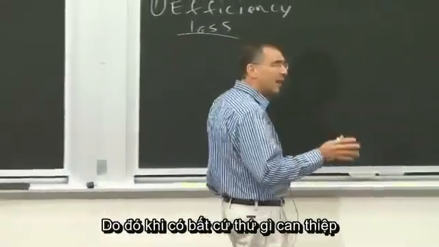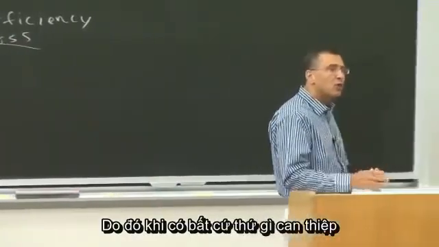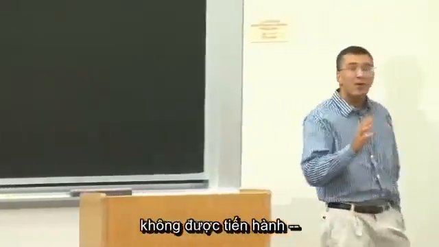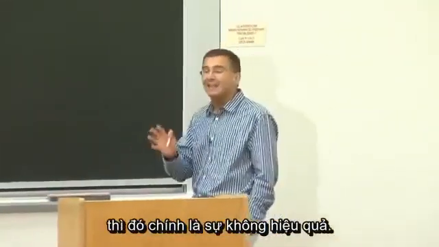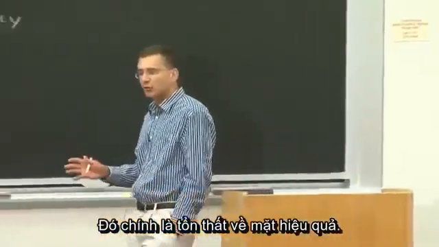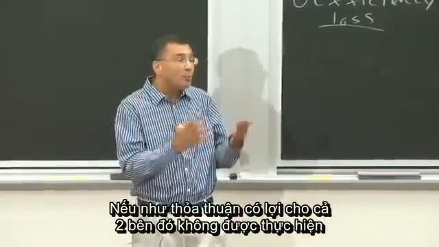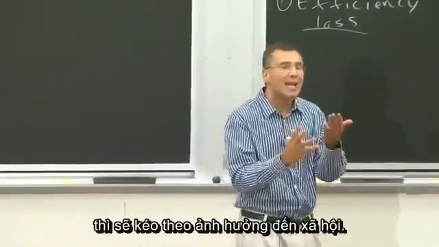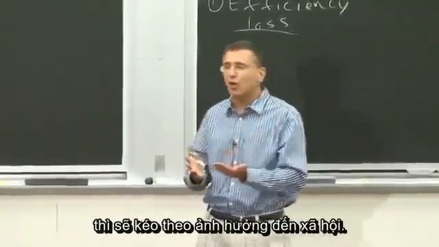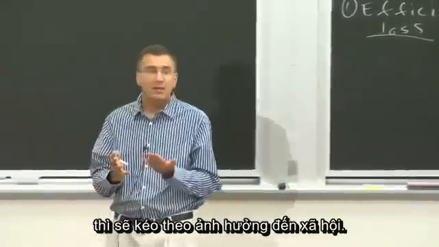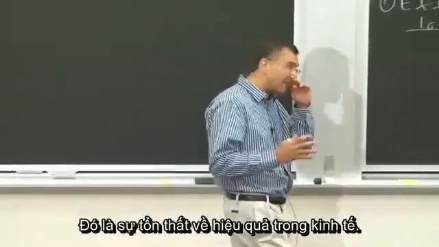And wherever anything interferes, so that a trade that can make both parties better off is not made, that is inefficient. There's an efficiency loss. And think about it, it makes sense. If both parties can be made better off by a trade and you don't let it happen, then society is worse off. Okay? That's the idea of an efficiency loss in economics.